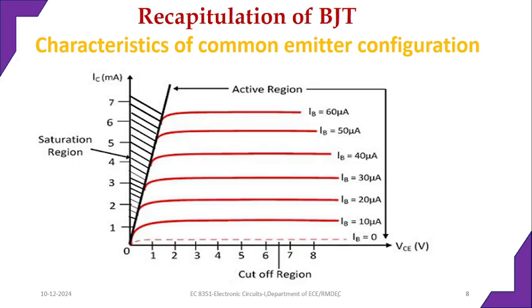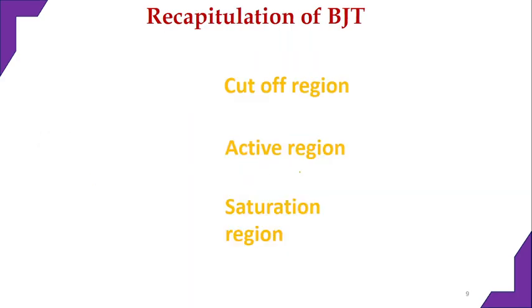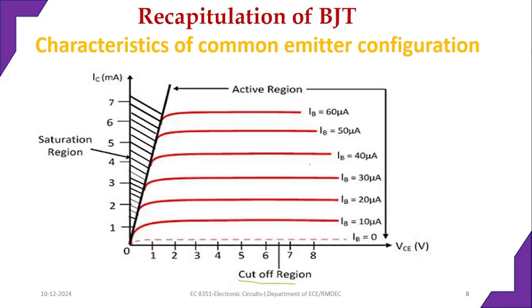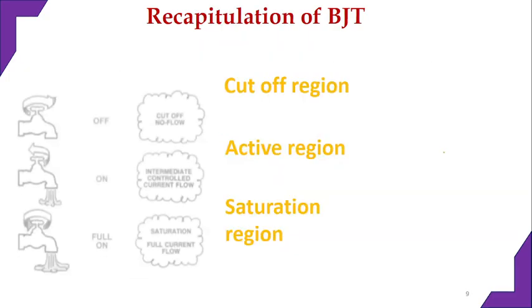Based upon that, we have the cutoff region, saturation region and active region. The region well below IB equal to 0 is called the cutoff region. Here we get a slanting, steep line. The region to the left of that is called the saturation region, and the intermediate region is called the active region.